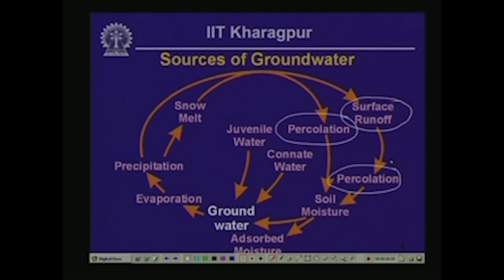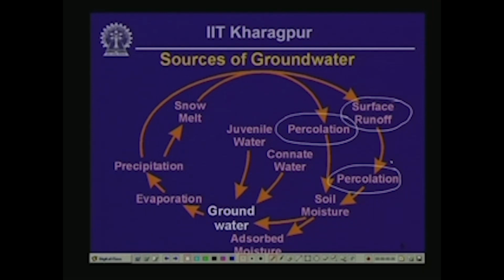And there is another source of groundwater which is called connate water, and this particular water gets trapped within the sediment, within non-interconnected voids in fact, and this water can remain trapped even after the sediment lithifies and sedimentary rock forms out of that process. So these are all the sources of groundwater, and how groundwater gets recycled.